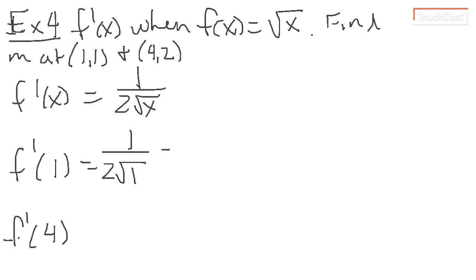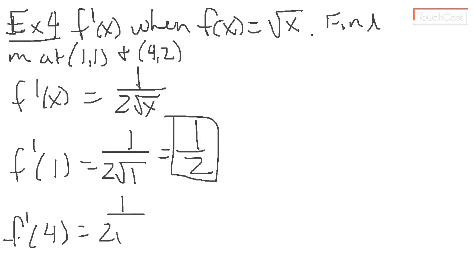The square root of 1 is 1. So we just have a half. At 4 we're going to have 1 over 2 square roots of 4, and we know the square root of 4 is 2, so we've got 1 over 2 times 2, which means the slope at that point is going to be 1/4.